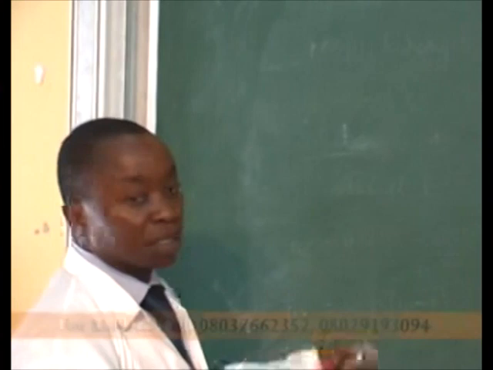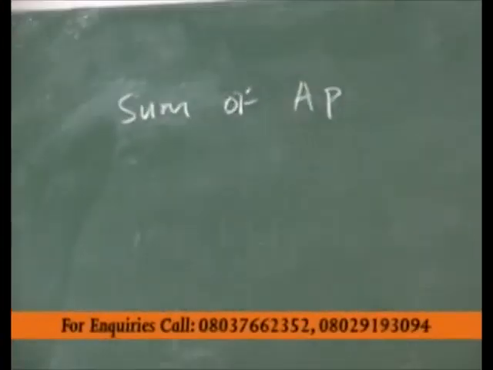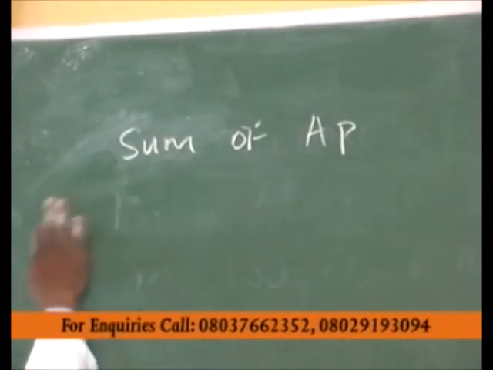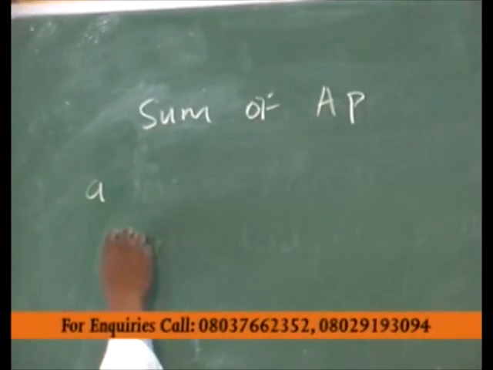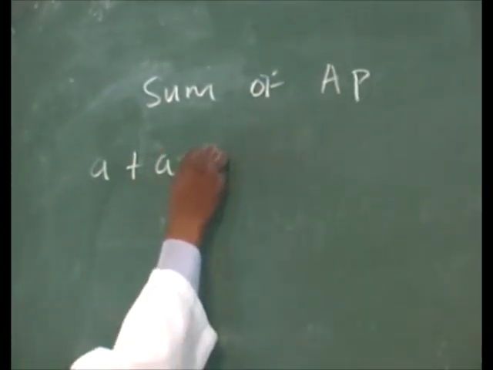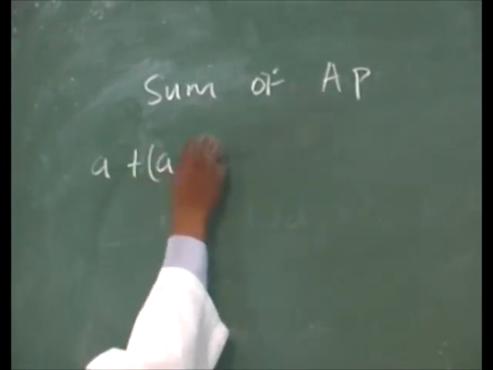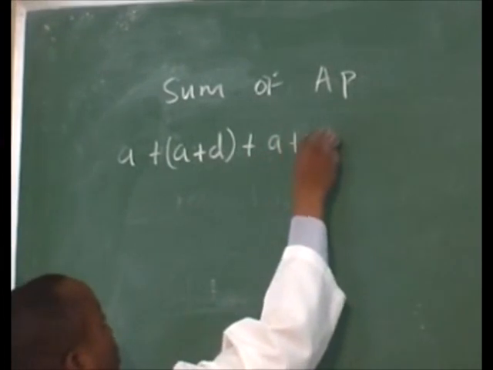The next subtopic is sum of AP. Now, we know that the first term of an AP is a, the second term is a plus d, and the third term will be a plus 2d.